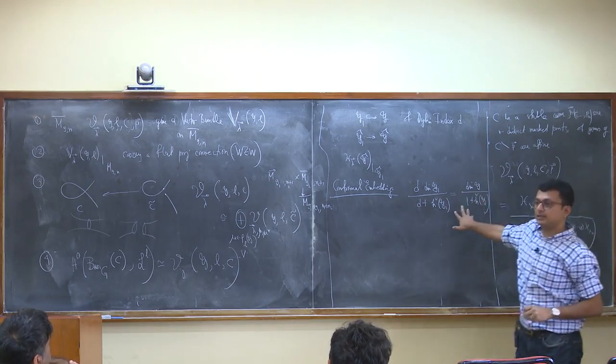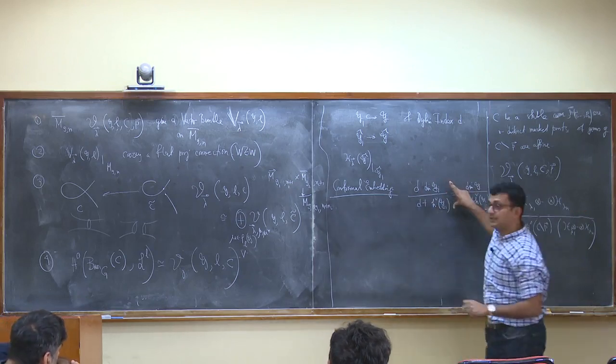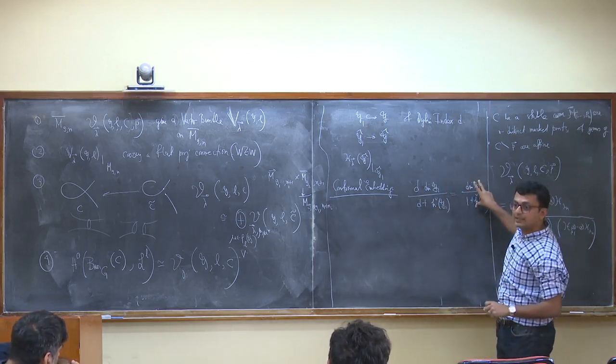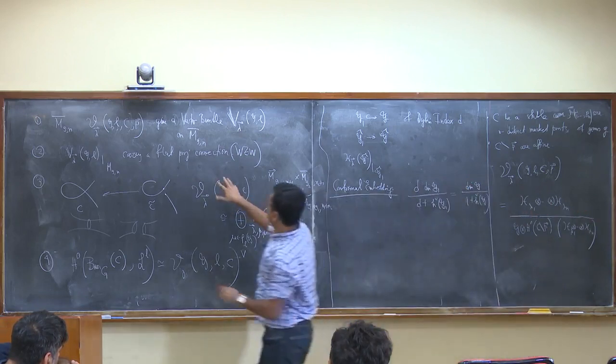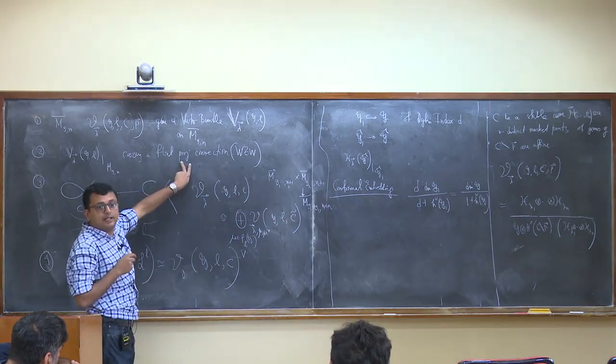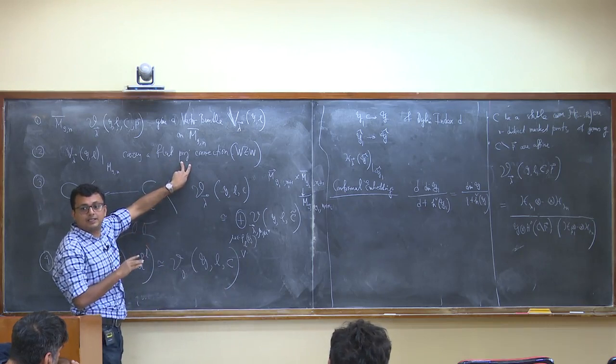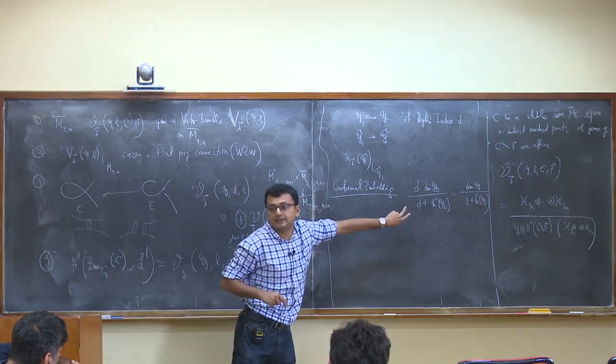So this equality is known as conformal embedding. It says that the central charge of this equals the central charge of this. As I was saying, this is a flat projective connection, right? So these projective connections have a central charge. So these are the central charges in the theory.